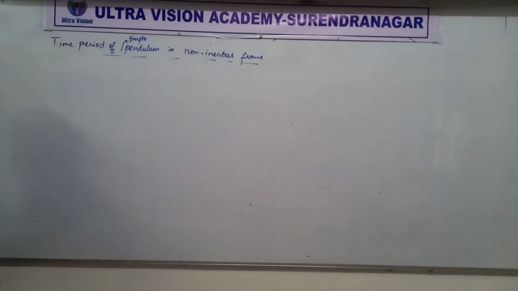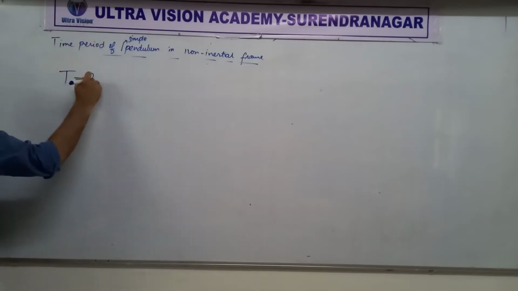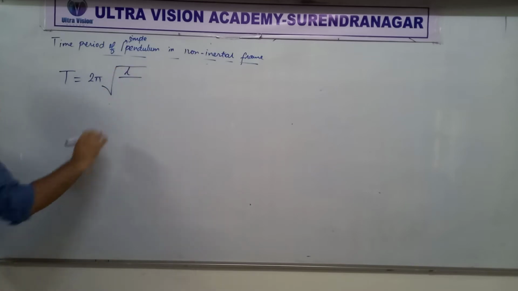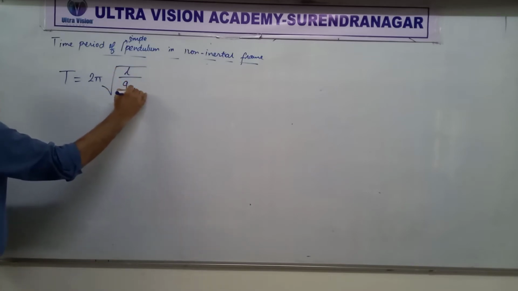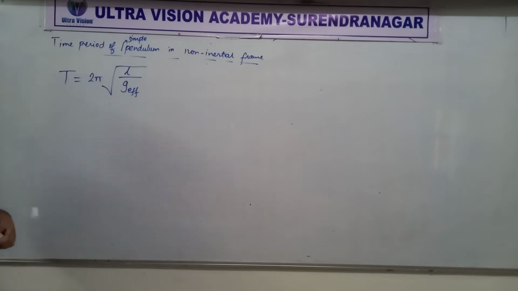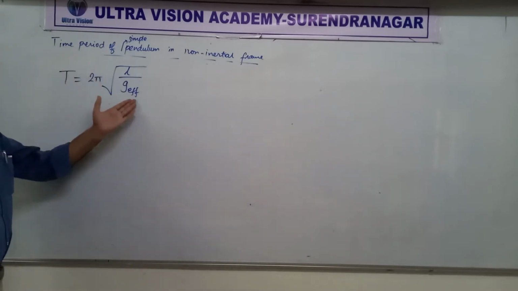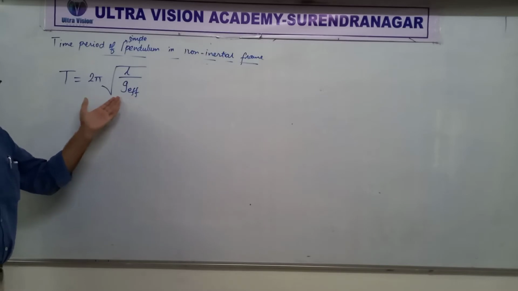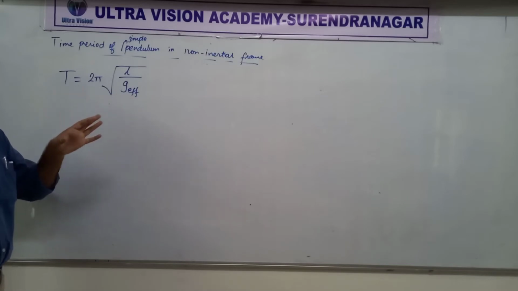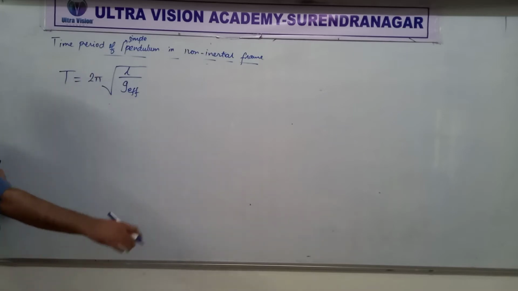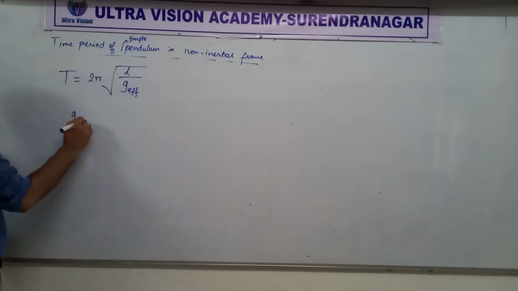Alright, so the general form will be as follows, that T is equal to 2 pi under root L by G effective. Frankly, I don't like this symbol. G effective is a little misleading, but let me put it very clearly so that there is no confusion ever.